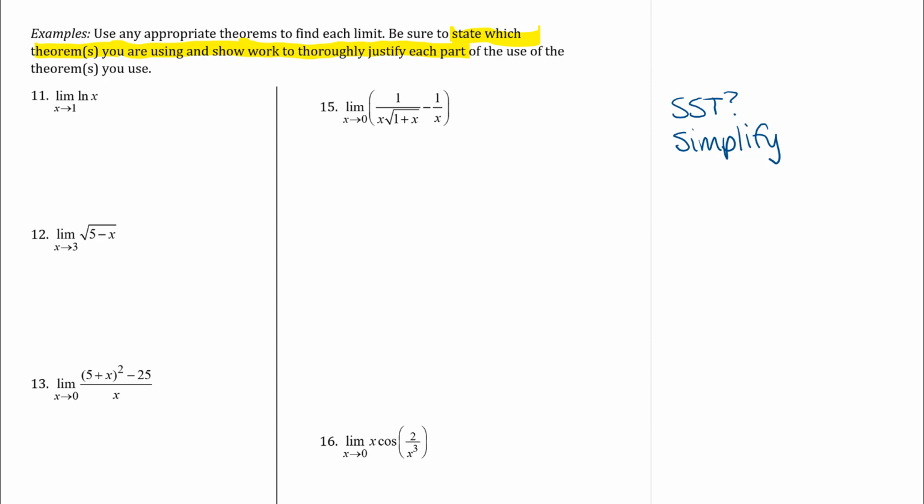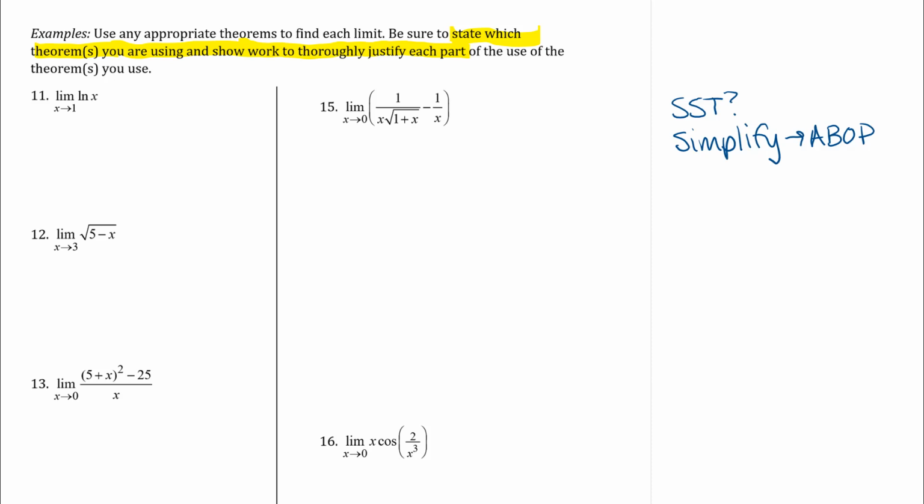Often, when you're doing that, you're really using the theorem about functions that agree at all but one point. You're rewriting the function, maybe doing some cancellation, so you technically end up with a different function, and so you're really using the theorem about functions that agree at all but one point, maybe in combination with a substitution shortcut theorem.